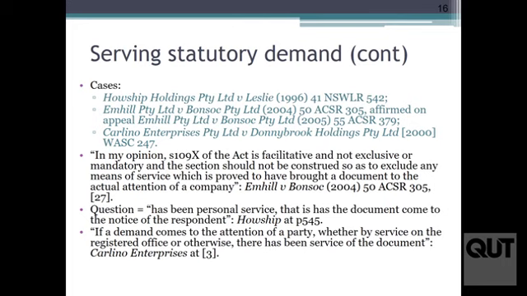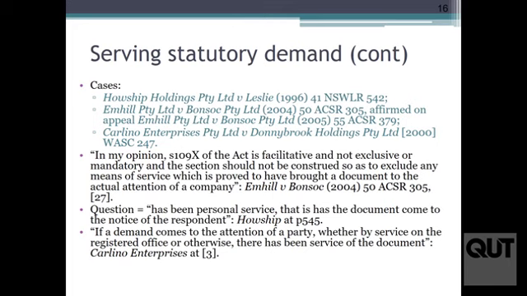So if you haven't complied, you might still be able to show that you have served the demand, provided that you can show that it has come to the attention of the company. That usually means come to the attention of the relevant people, which may mean the board.